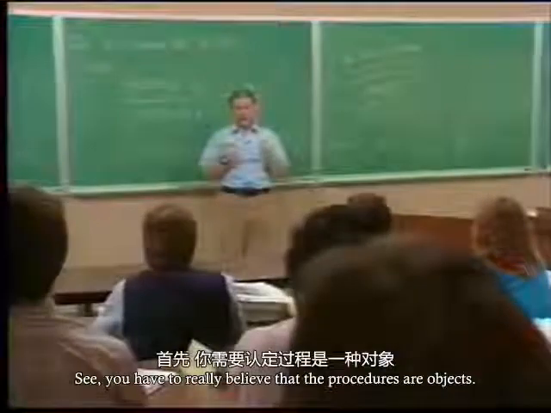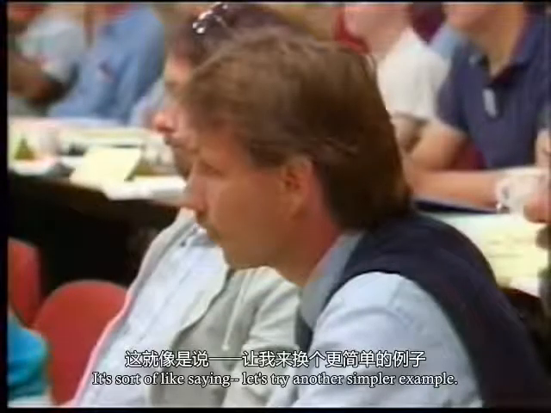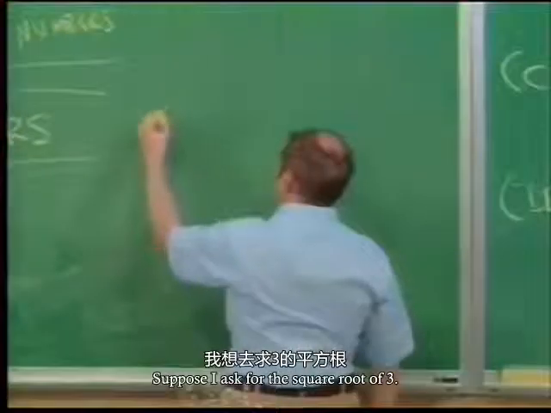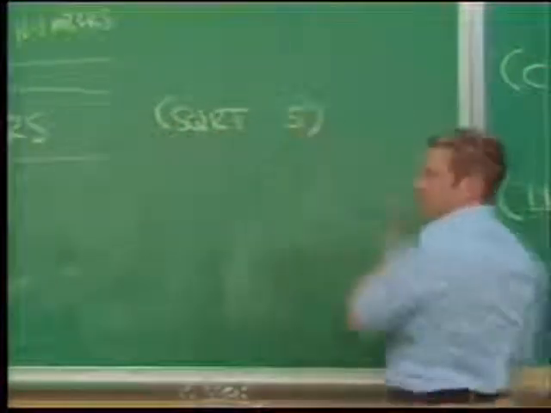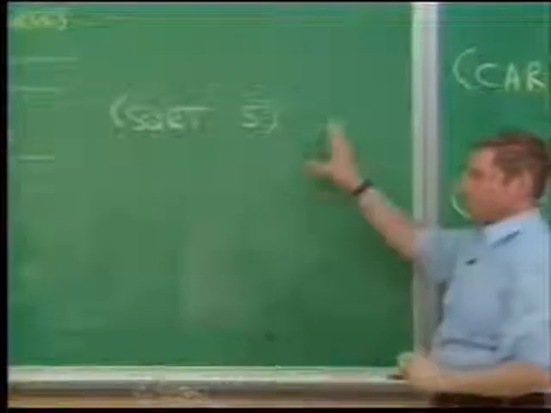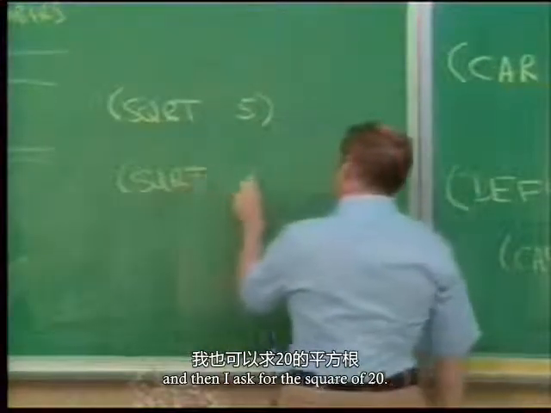See, you have to really believe that procedures are objects. Let's try another, simpler example. Suppose I ask for the square root of 5, and then I ask for the square root of 20.